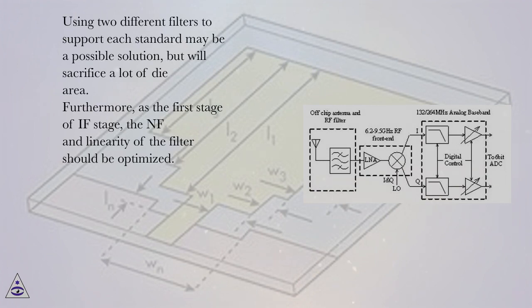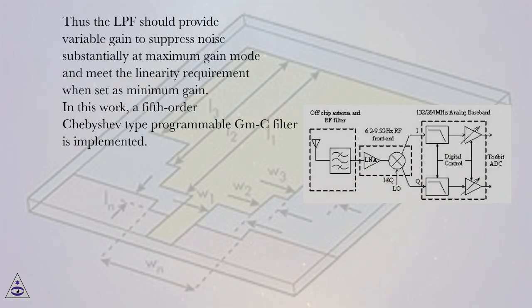Using two different filters to support each standard may be a possible solution, but will sacrifice a lot of die area. Furthermore, as the first stage of the baseband, the NF and linearity of the filter should be optimized. Thus the LPF should provide variable gain to suppress noise substantially at maximum gain mode and meet the linearity requirement when set as minimum gain.